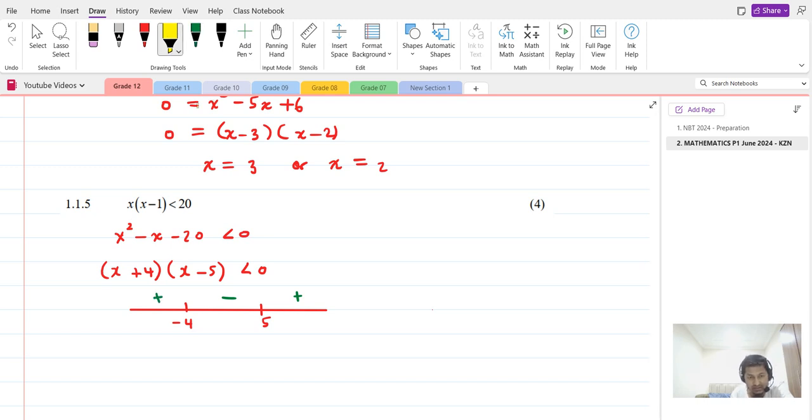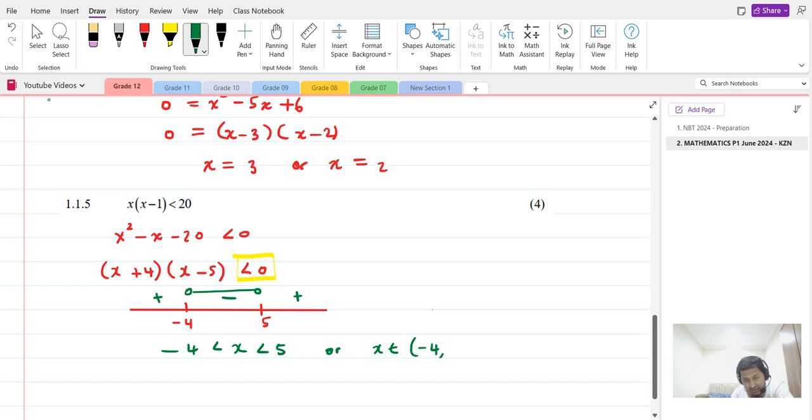We want an answer which is less than 0. Less than 0 means it's a negative answer. So we're going to take an answer between minus 4 and 5. That's my answer. So x is greater than minus 4 but less than 5. Or you can write your answer in interval notation. x is an element of minus 4 to 5. Make sure to use round brackets at the beginning and at the end as well.